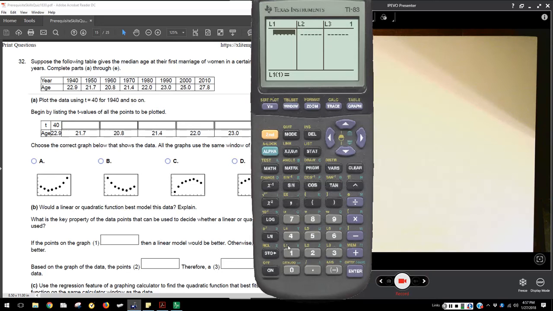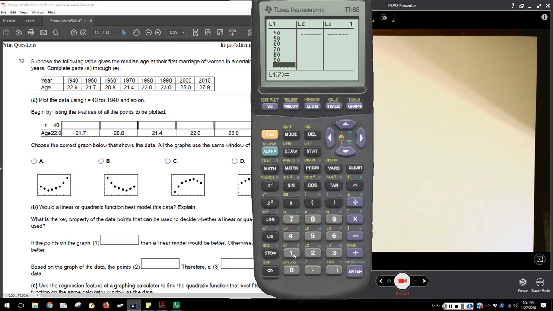So my first year value is going to be 40 for 1940, 50 for 1950, 60 for 1960, 70 for 1970, 80 for 1980, 90 for 1990, and I can't put in 00.